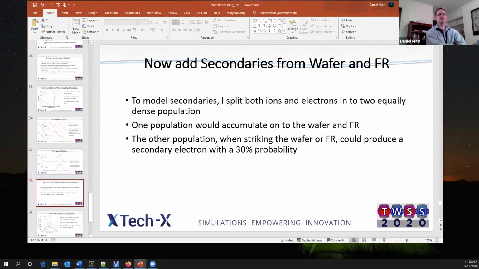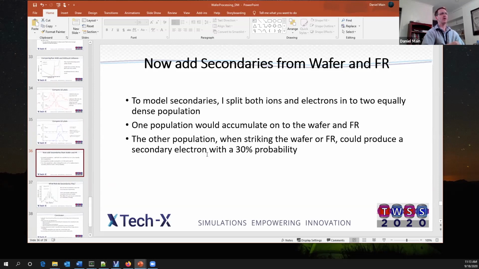So in this case, I was curious what effect secondaries would have on this problem. And so, of course, we can answer that nicely with this post-processor that I wrote.